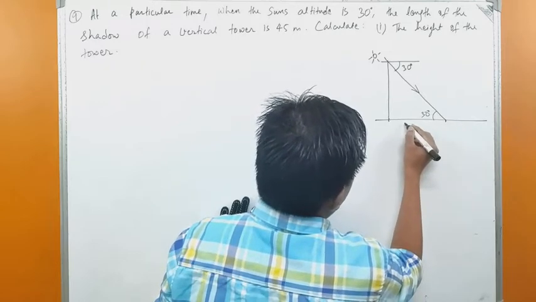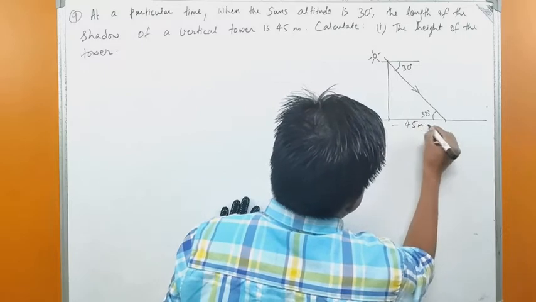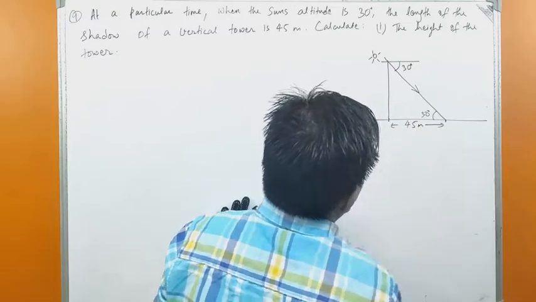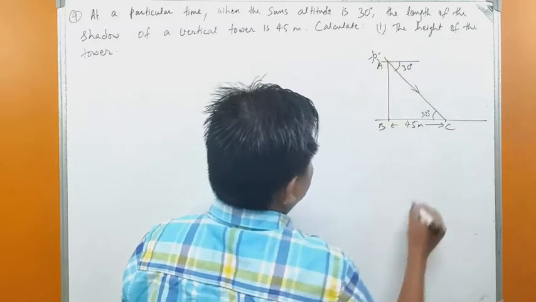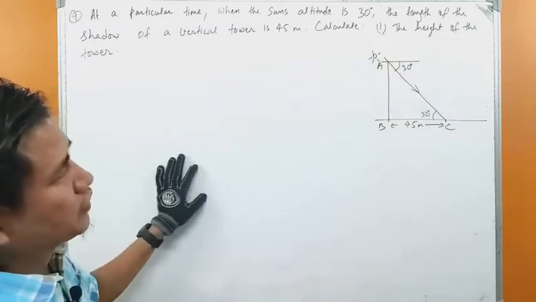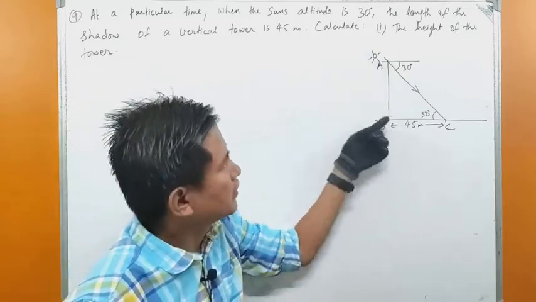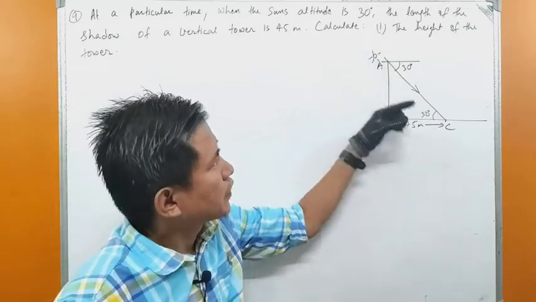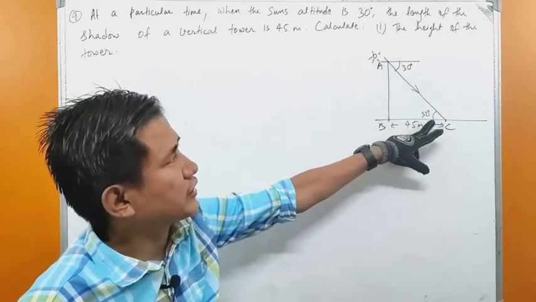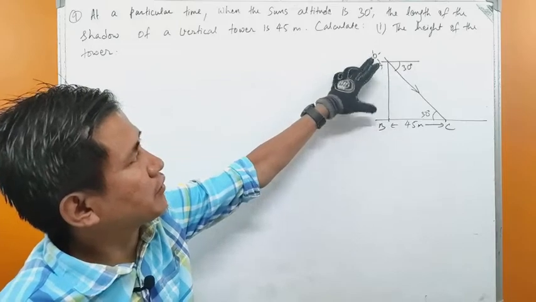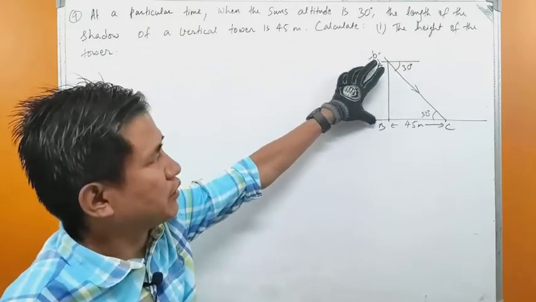This is the length of the shadow, that is 45 meter. So A, B, C. Now first, in triangle ABC, base is given. We need to find perpendicular, applying tan theta. Theta is 30 degree. So AB means height of the tower, which we are asked to find.